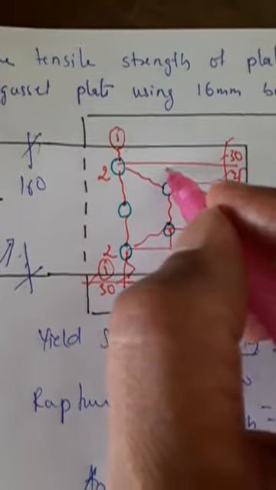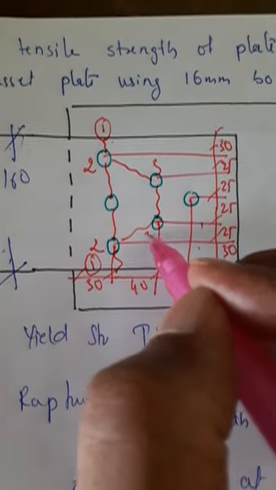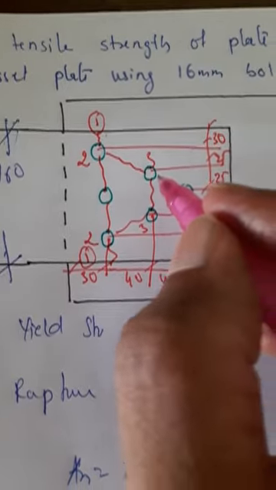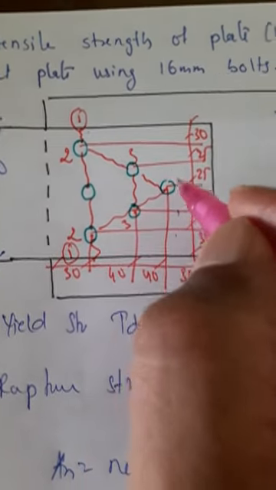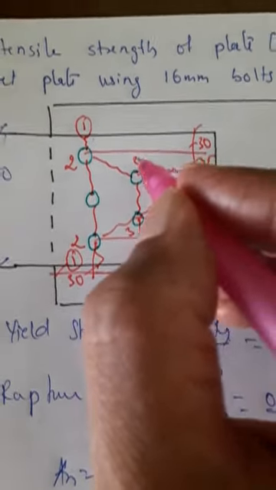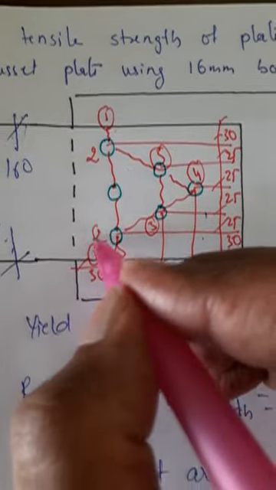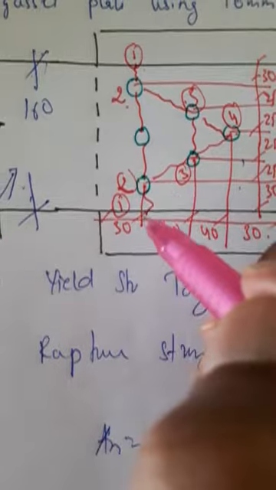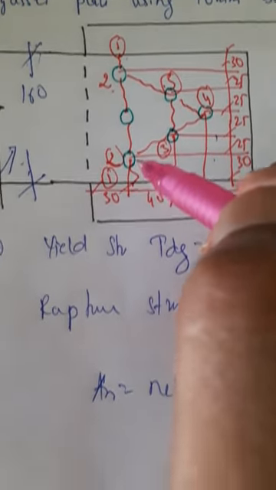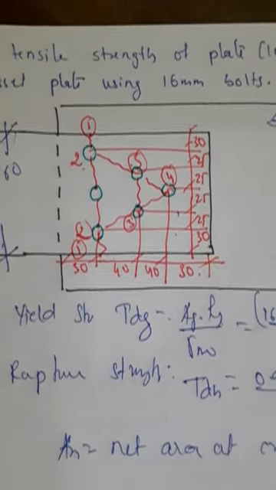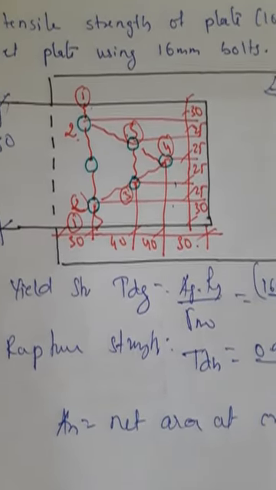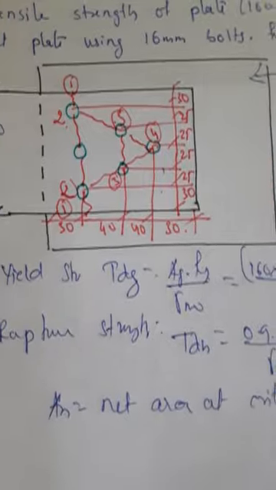So I will say 1, 3, 3, 2, 1. The third possibility is the failure may come here like this: 1, 2, 3, 4, 3, 2, 1. So I have to find all possible chances of failure and find out the net area, and whatever is the least or minimum area, that we have to consider.